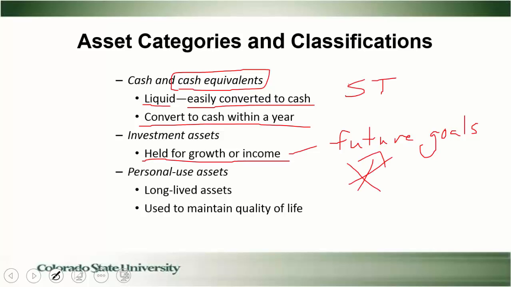So they're not available to fund future goals. Things like your house or a boat or a car, they're things that enhance your current lifestyle, but aren't assets in a way that you would plan in the future to liquidate them to satisfy another goal. They're really lifestyle type assets.